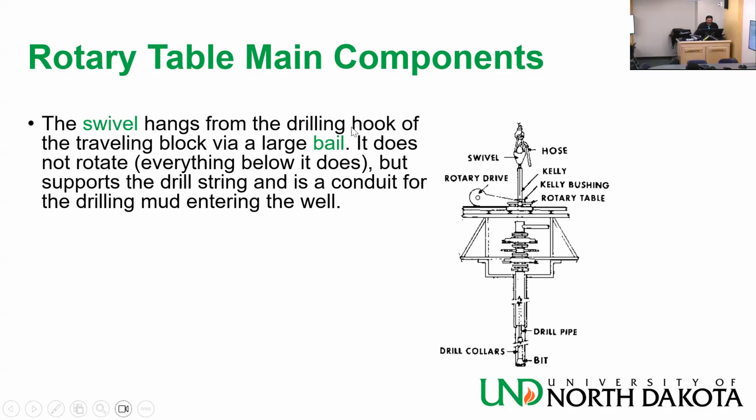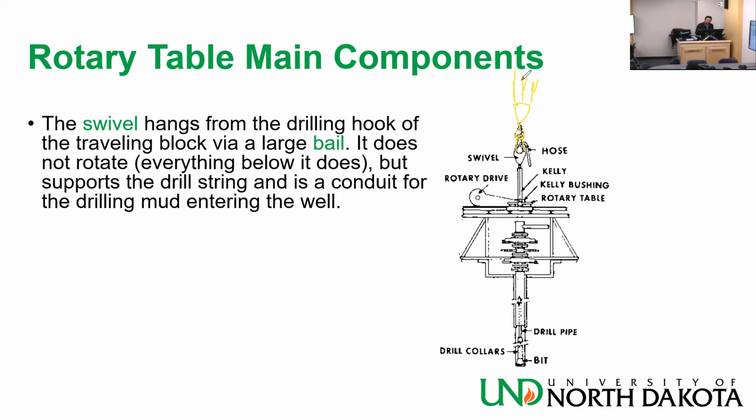The swivel hangs from the drilling hook of the traveling block via a large bail. The bail is this hanger part. Let me just highlight it, and I will use yellow because most of the time it's yellow. This thing is the bail where the hook grabs. And the hook is connected to the traveling block.